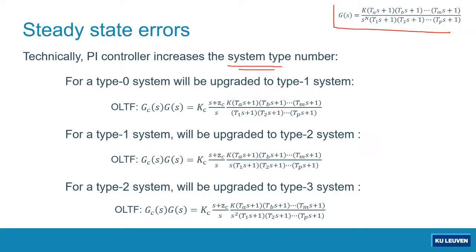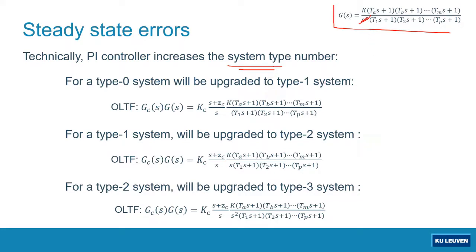In the first case, let's consider a unity feedback system with a type 0 number. So we have a unity feedback system, but the open loop transfer function doesn't have a pole that is equal to 0. So there is no first term in the denominator of this GS.